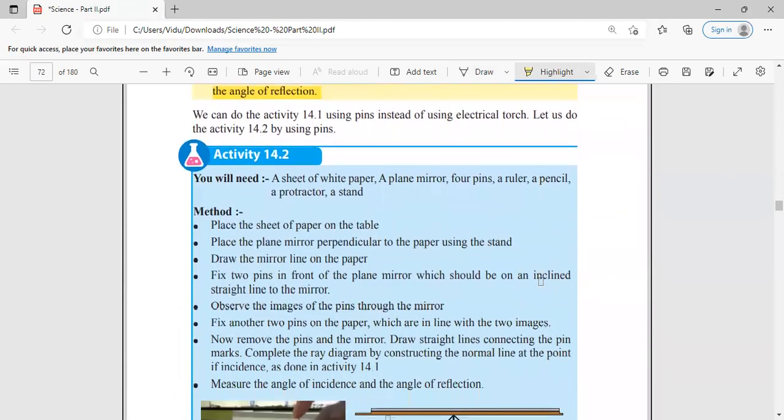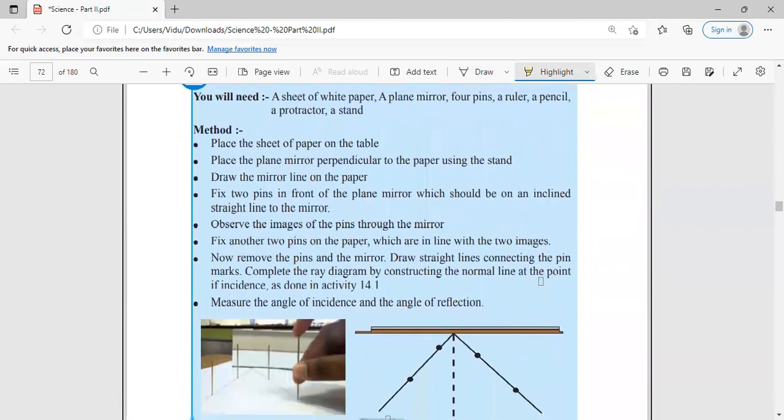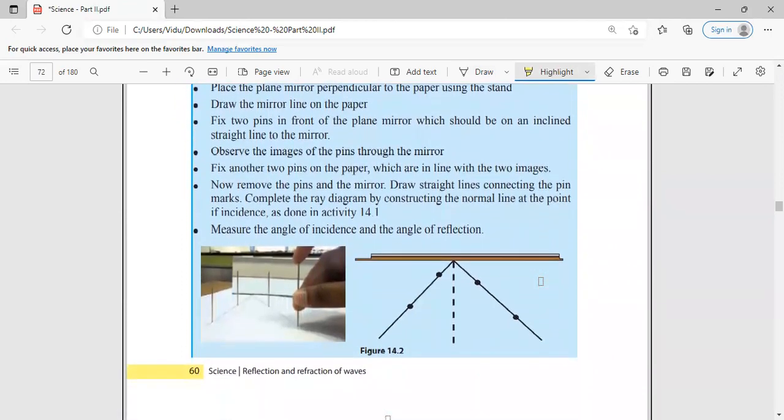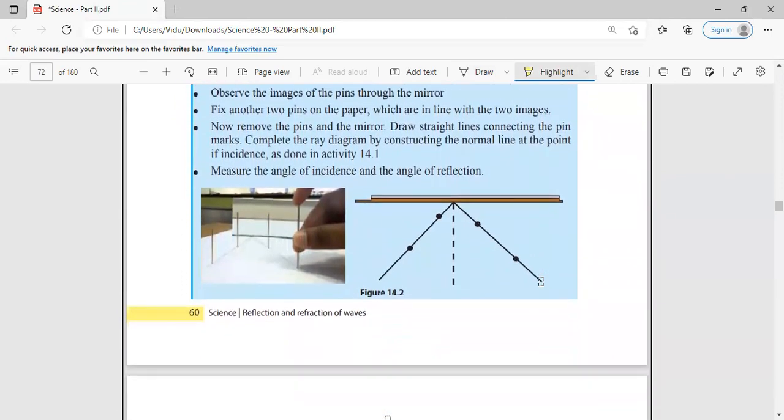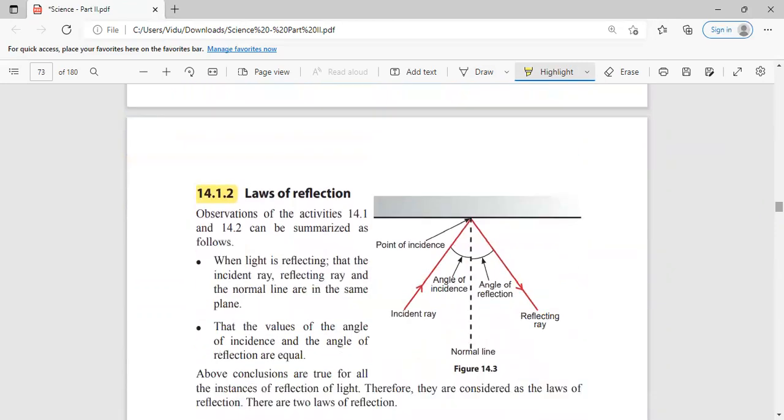Now we have another activity, 14.2. It gives us the same image, same ray diagram. So now we are going to talk about the laws of reflection.